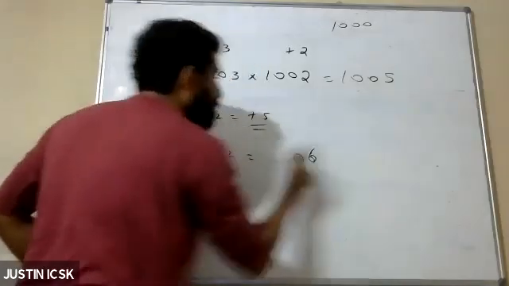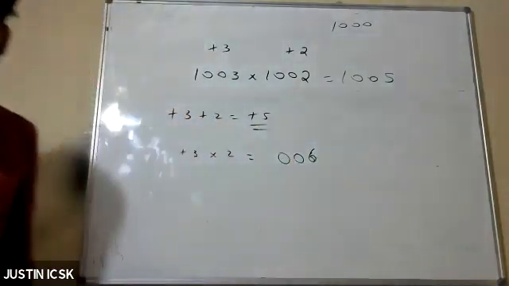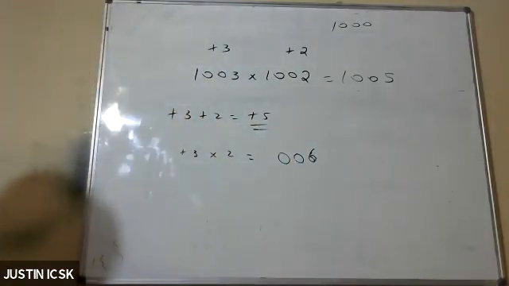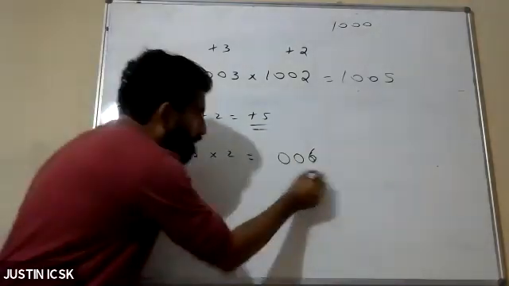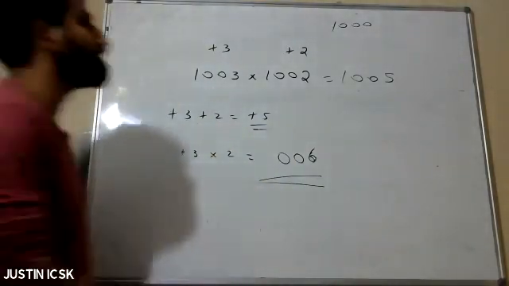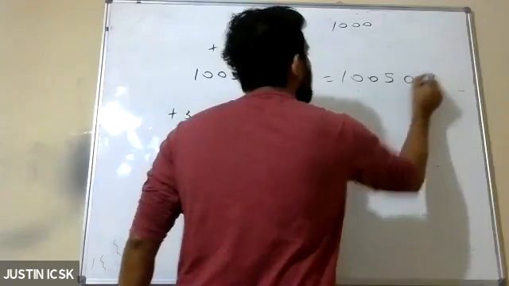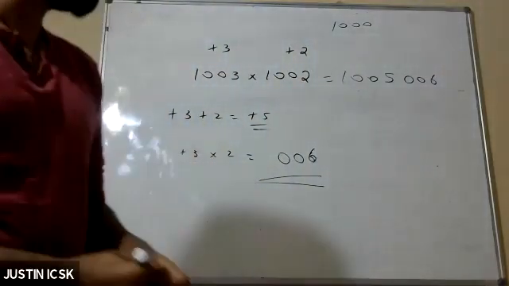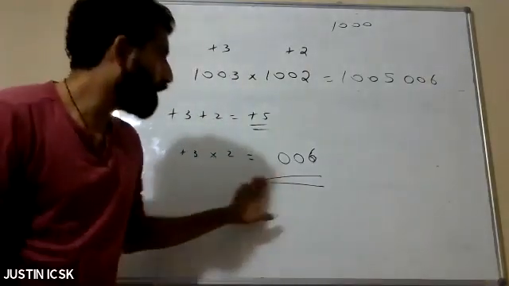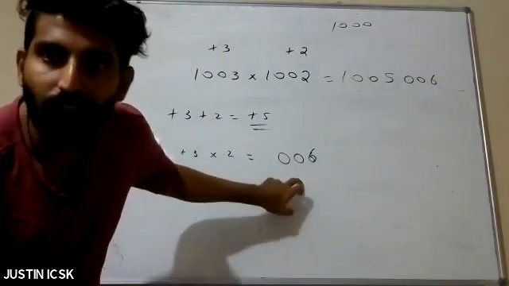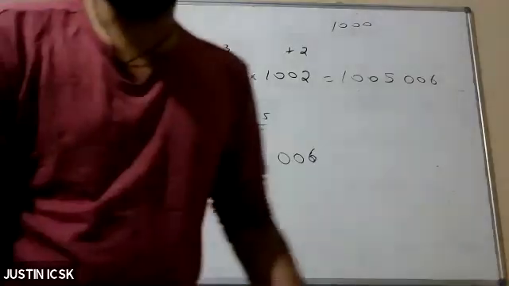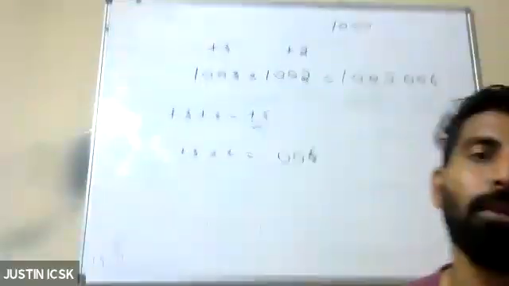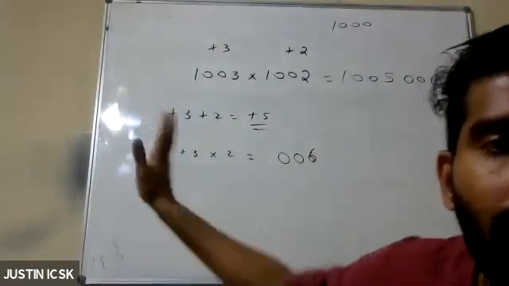So I am writing one more 0: 006. This is the only difference. All others are the same. So the answer is 1005006. Previously only 2 digits, here 3 digits came. That's the difference. Then all the same method we can apply here.